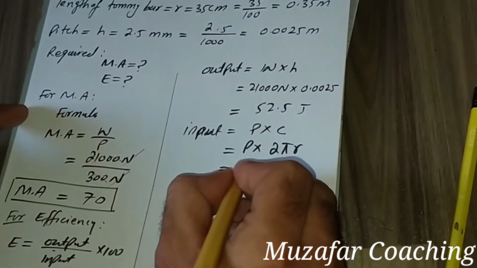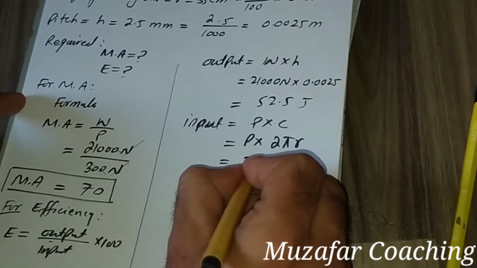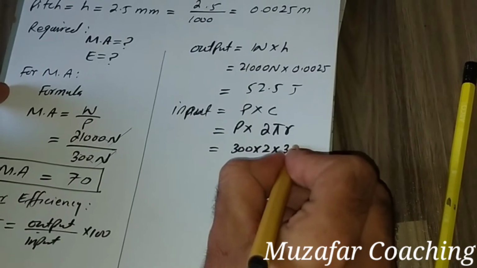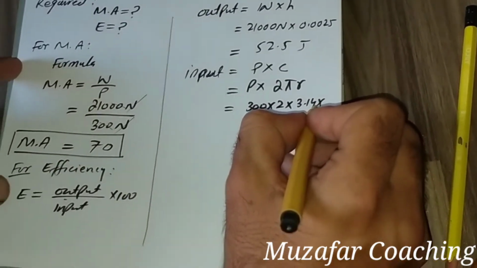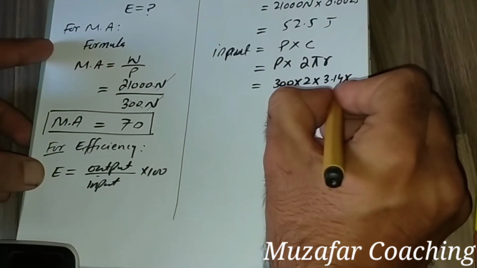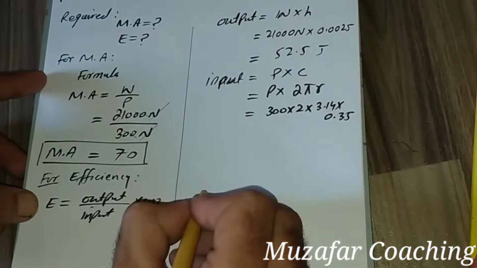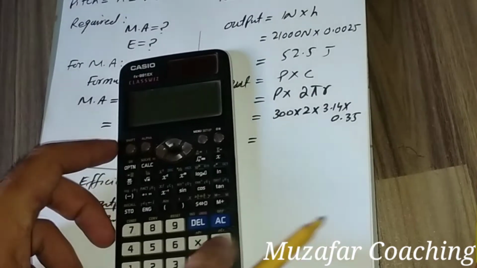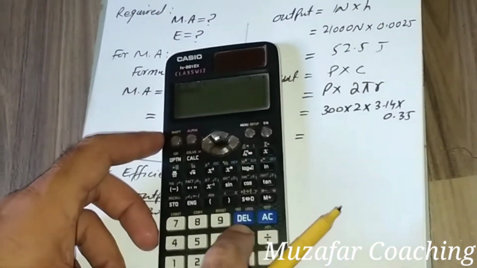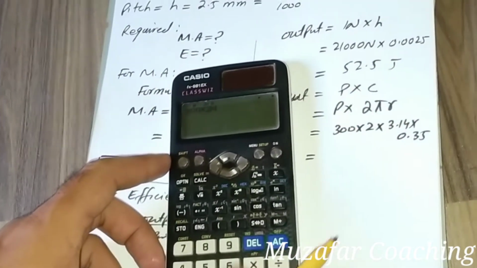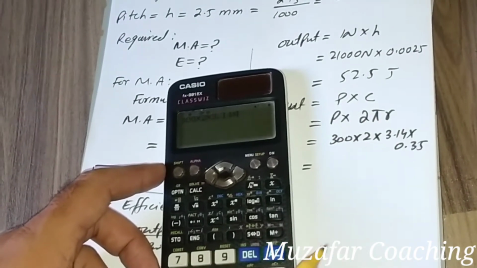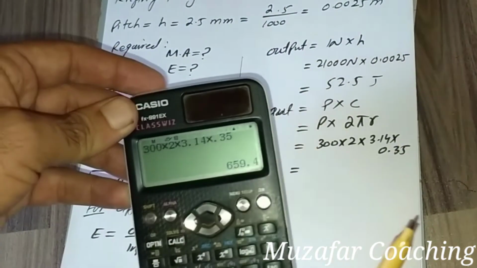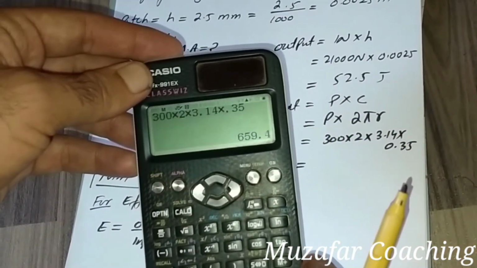P is 300, 2, and the value of pi is 3.14. And the value of R is 0.35. Afterwards we have to use the calculator and solve the remaining calculations: multiply by 3.14, multiply by 0.35. We got the value 659.4.